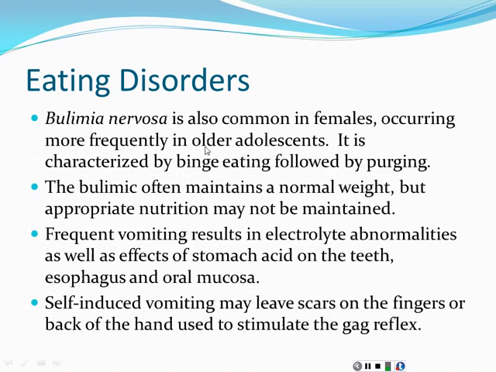Anorexia is notoriously hard to treat because the problem really isn't with the patient's body, it's with the patient's mind. So you either have to convince them, change the way they think about themselves, or you have to follow their every move to make sure that they are in fact eating, because they'll go to extremes to not eat.